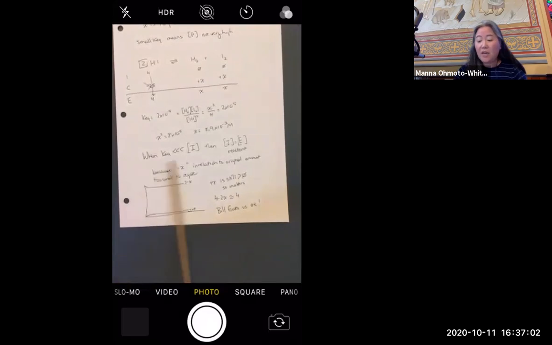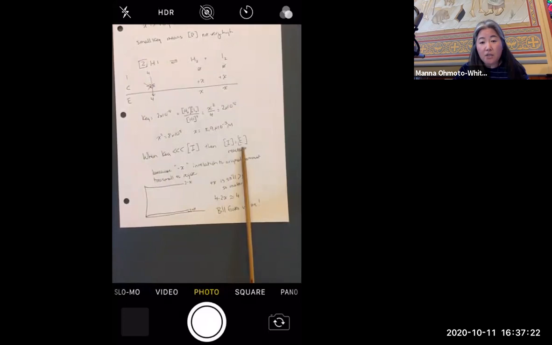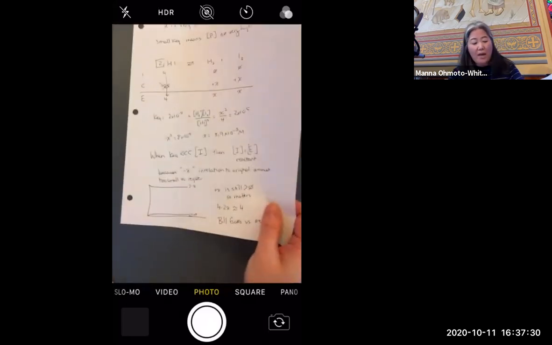So when the Keq value is really, really small, which means I'm not going to be losing a lot of reactant to create product, and it's so small, especially in comparison to the initial concentration of the reactant, then what we can say is that the initial concentration of my reactant is equal to my equilibrium concentration. So you may say, well, I'm saying 4 minus 2x is pretty much just 4. How can that be?